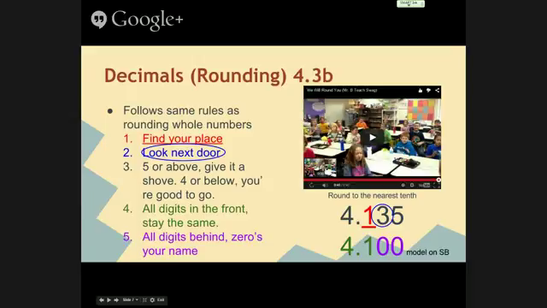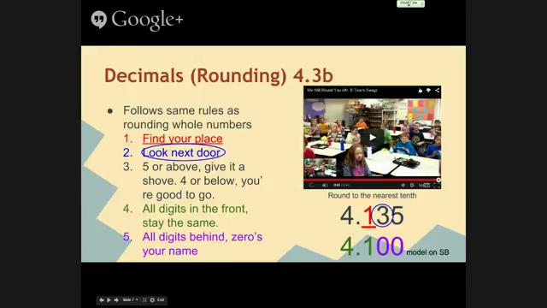So 5 or above, they need to give it a shove. That means that if it's a number 5 or above, push the number that's underlined to the next digit. If it's 4 or below, you're good to go, which means they don't have to do anything to that number. So all digits in front of the number that's underlined stay the same. They just drop it straight down.